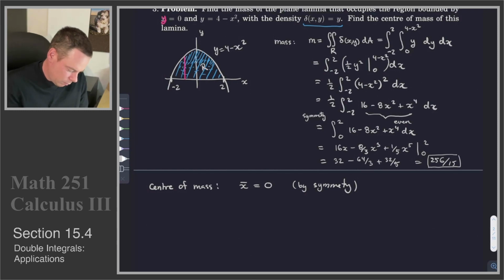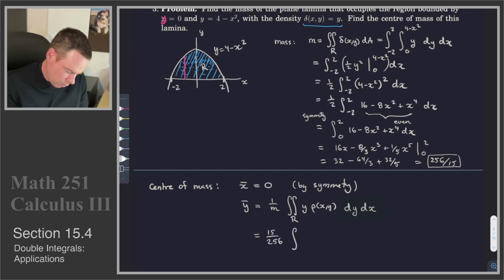What about the y center of mass? The y center of mass is going to be 1 over the mass times the integral over the region of y rho(x,y) dx dy. And we know the mass is 256 over 15, so I could write that as 15 over 256.